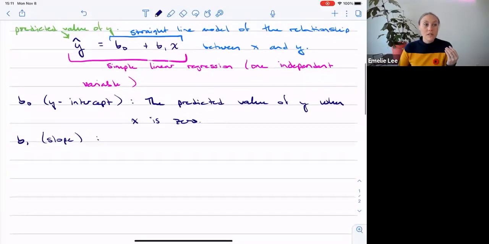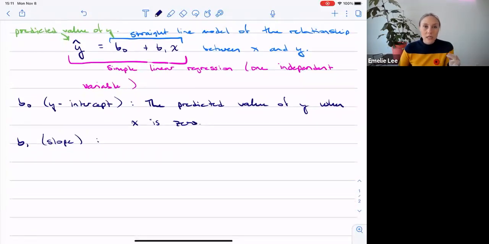The definition of the slope is that for each unit increase in x, we expect to see a slope increase in the predicted value of y.